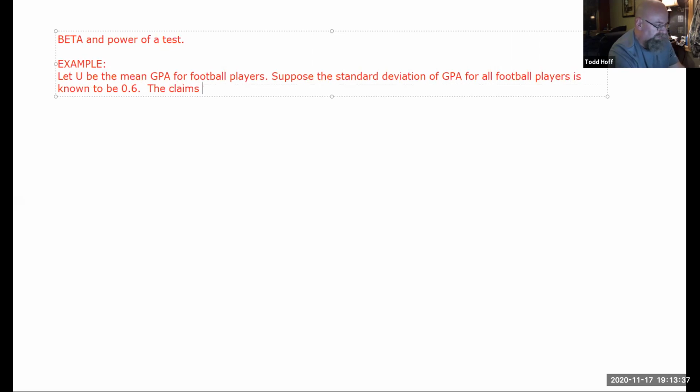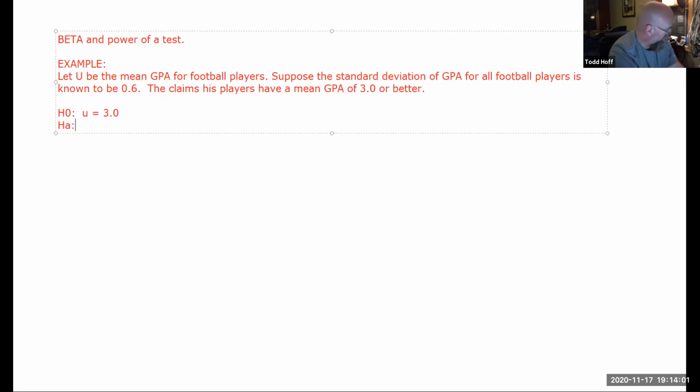The coach claims his players have a mean GPA of 3.0 or better. So our null hypothesis is that the mean is equal to 3.0.